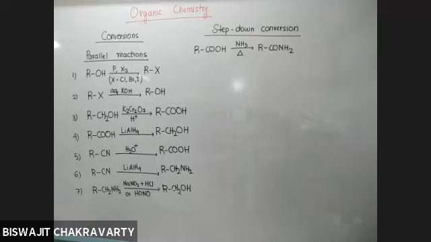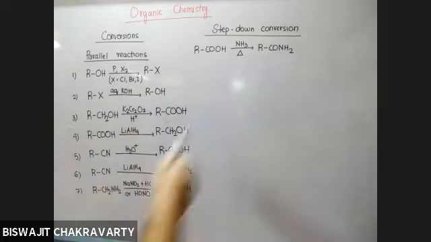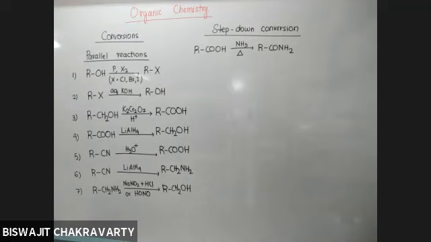Amine is only NH2. If I would have written RNH2, it would have been amine, but it is RCONH2, it is acid amide. Is it step down or still parallel? Parallel. There is no change in the number of carbon atoms.